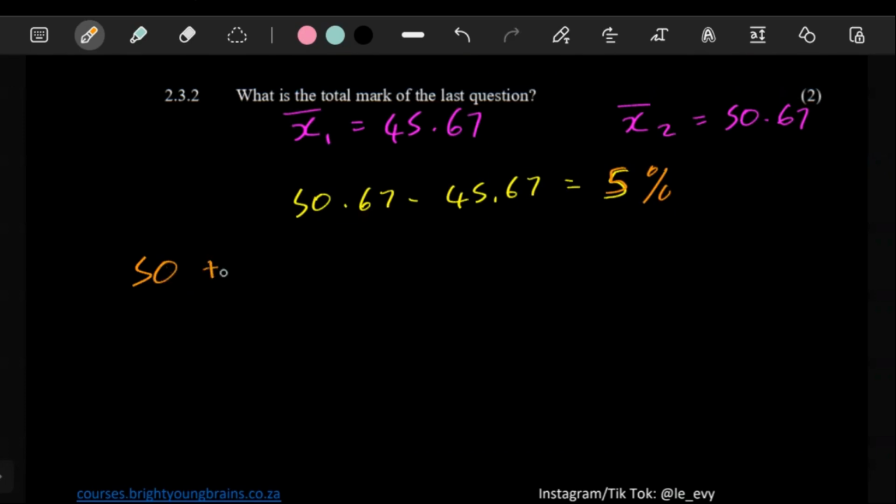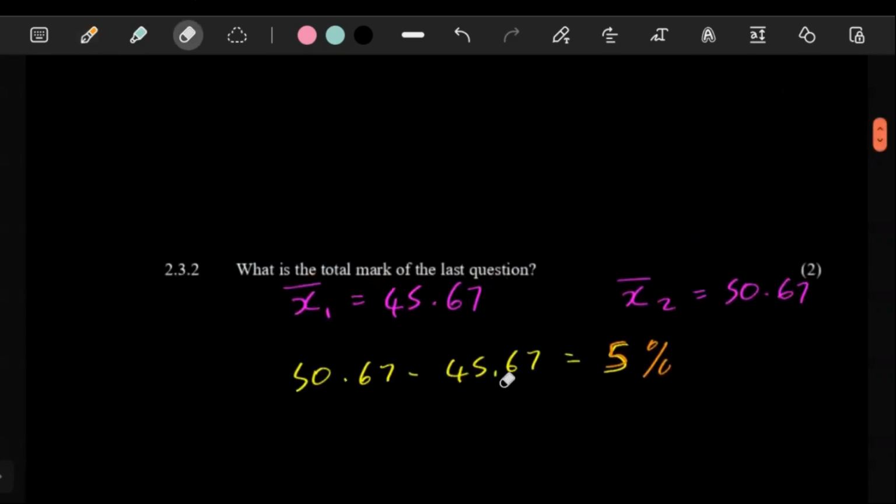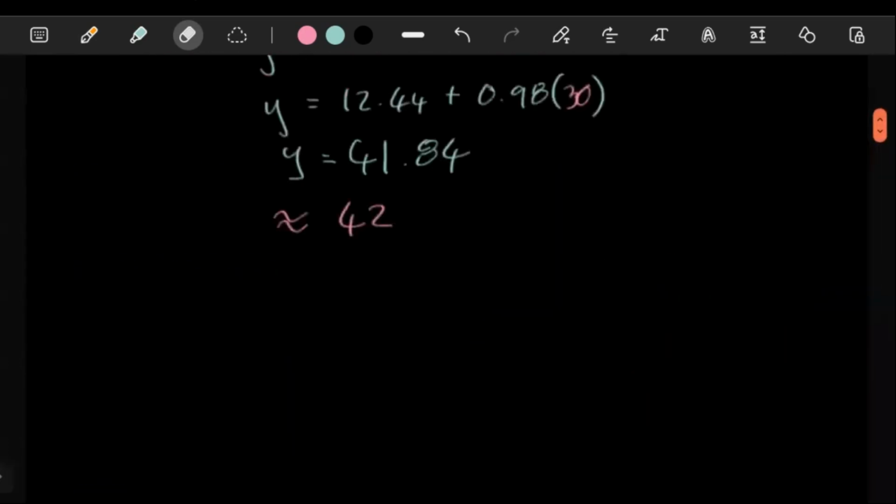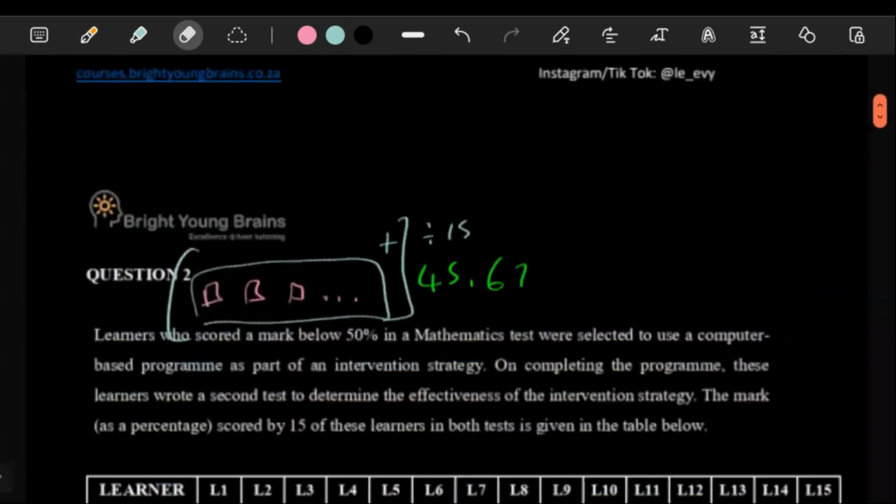I'm trying to not overcomplicate this question because it's a 2-mark question anyways, so you really don't want to overthink it. They did ask what is the total mark of the last question? It's 5%. This is good enough, because remember, these marks here are already in percentages.